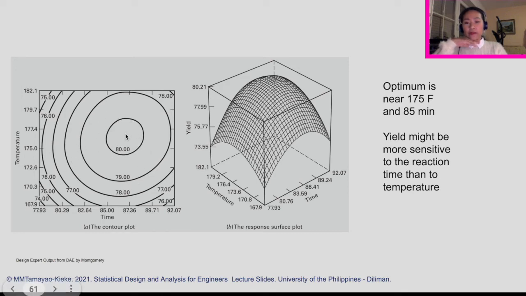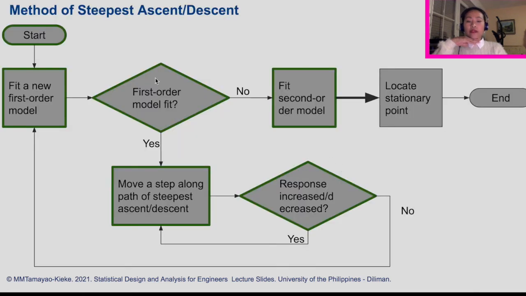Also, with the spacing of the rings of the contours, it seems that the response, which is yield, is more sensitive to reaction time than to reaction temperature.